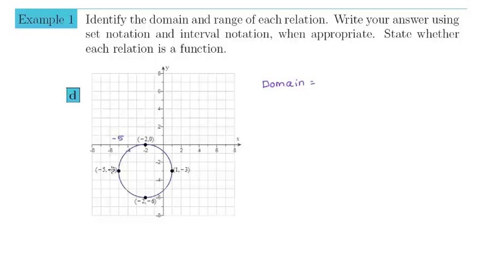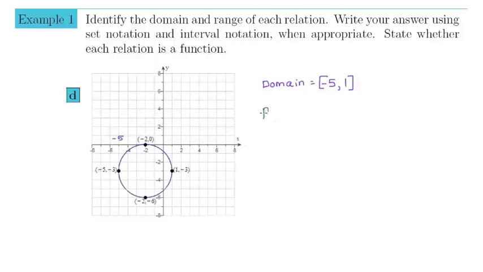There are no x values any smaller that are represented on this curve. So our domain starts at the x value of -5 and then proceeds to the right, and what's the largest x value that pertains to this relation? That x value would be this x value here, which is 1. Notice the circle doesn't go any farther to the right of 1. So the domain consists of all the points between -5 and 1 along the x-axis.